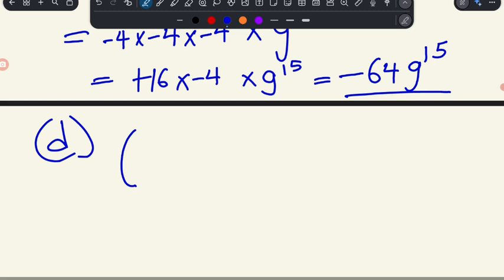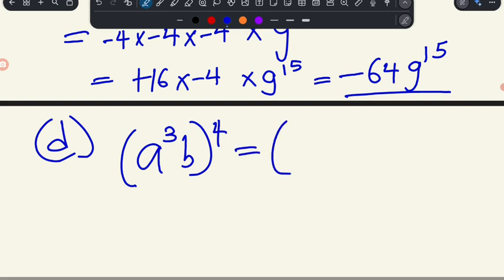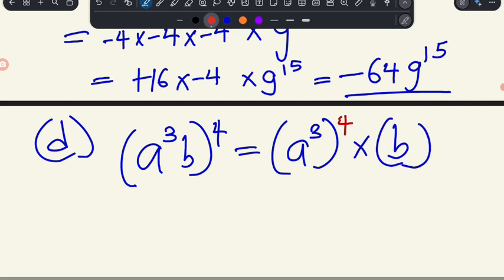So we have the last example: a raised to power 3 onto b, all raised to power 4, as we have been explaining, to be a raised to power 3 all raised to power 4, to multiply b all raised to power 4.